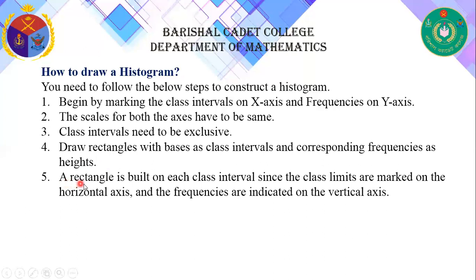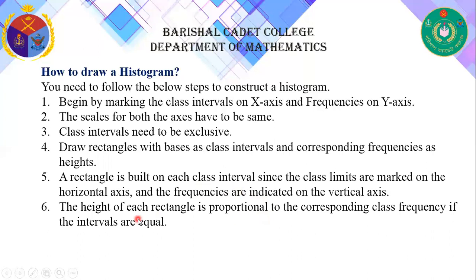Number five, a rectangle is built on each class interval since the class limits are marked on the horizontal axis and frequencies are indicated on the vertical axis. So here class interval is marked on the horizontal axis, that means x-axis, and frequencies are indicated on the vertical axis, that means y-axis.